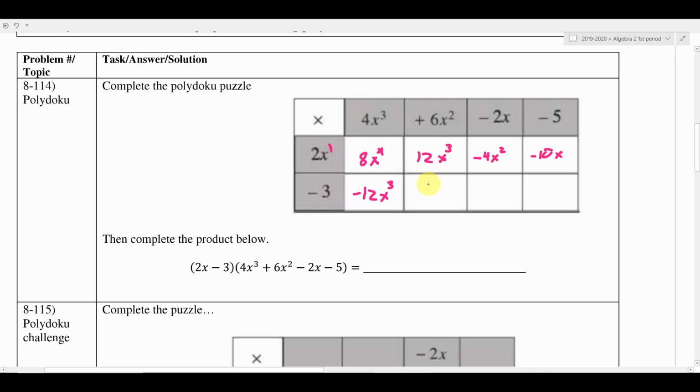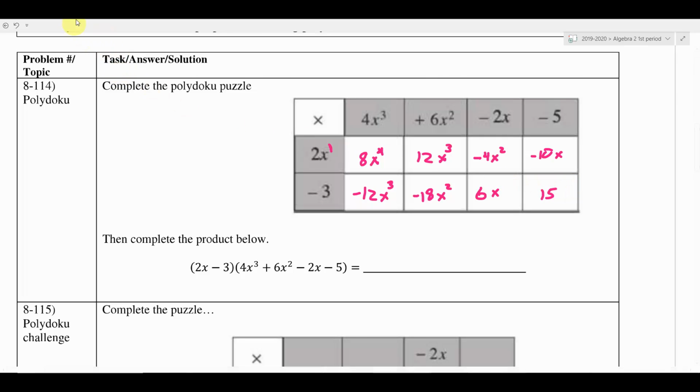And we've got negative 3 times 6, that's negative 18, and then we have an x squared. And then negative 3 times negative 2 is a positive 6, it's a negative times a negative, and then I need an x on that one, because we have an x there. And then negative 3 times negative 5 is a positive 15. So there's my last box.